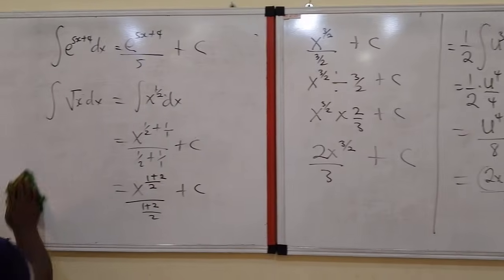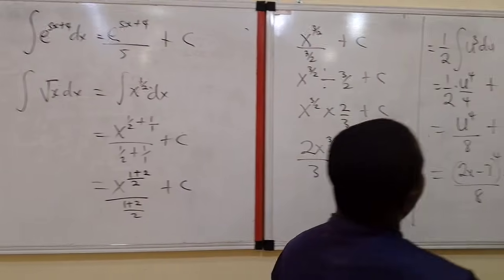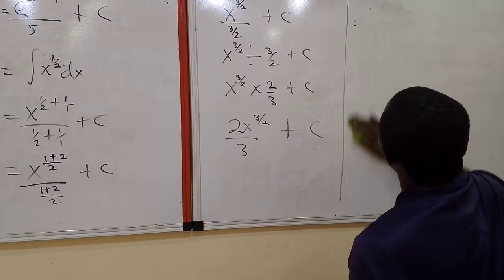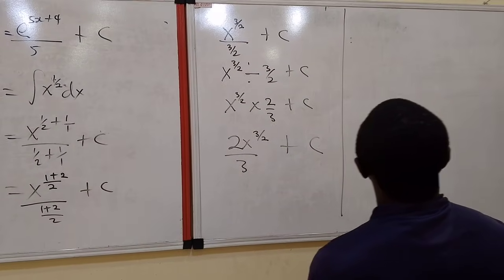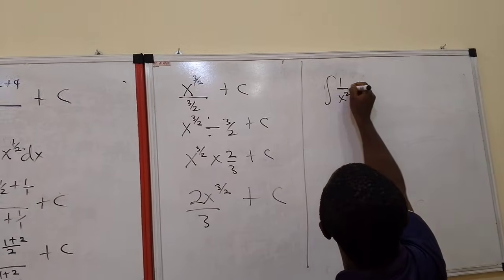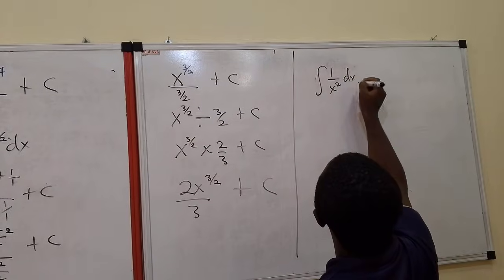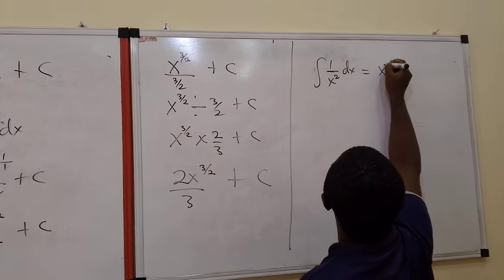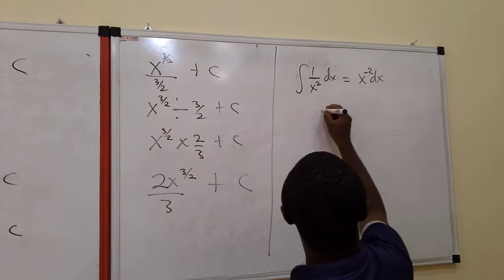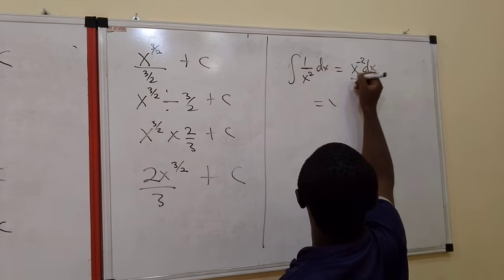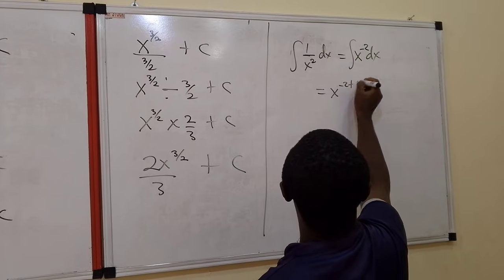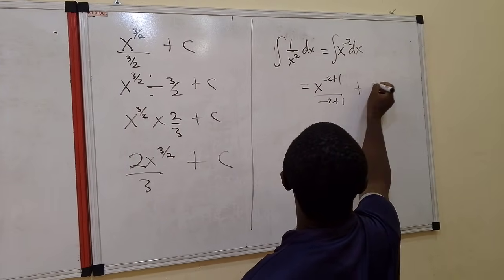Assuming we are asked to integrate 1 over x squared dx, what do we do? This is equal to x raised by minus 2 dx. Now that will give me x raised by minus 2 plus 1 over minus 2 plus 1, plus c.